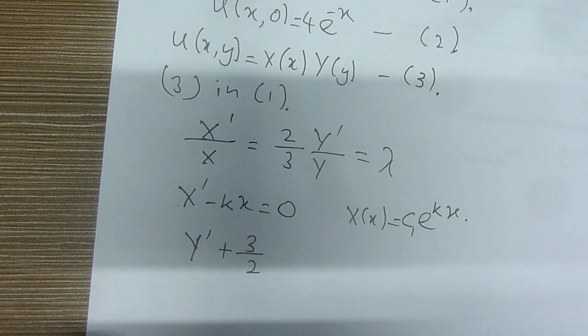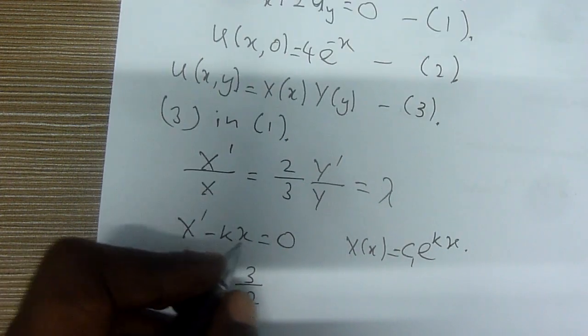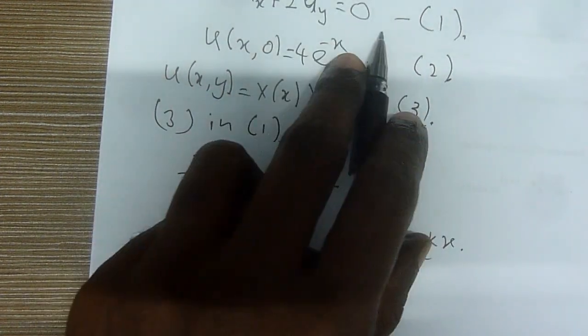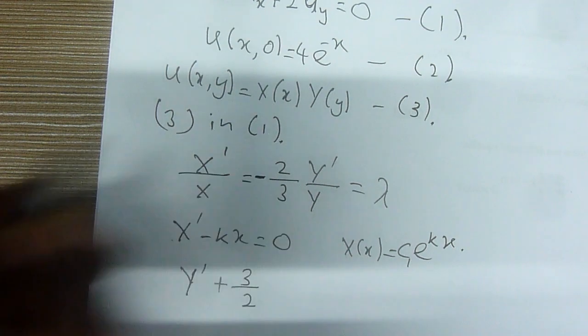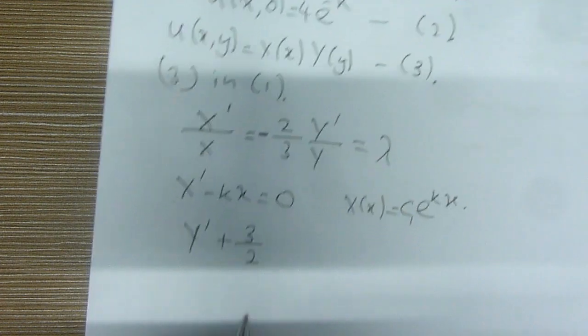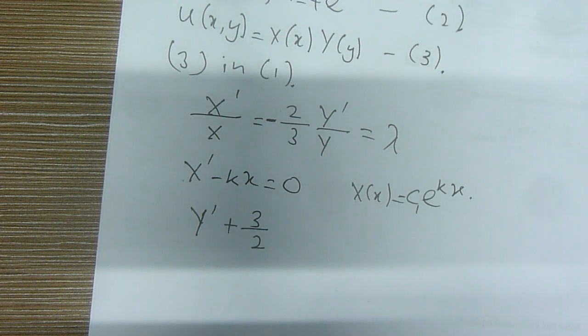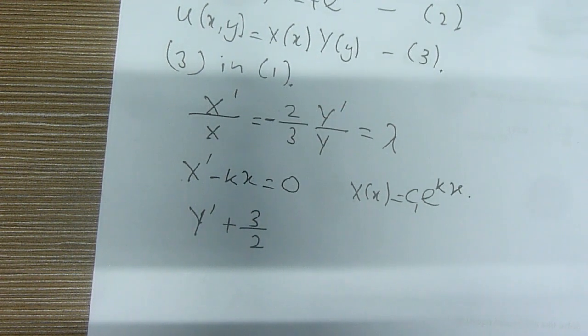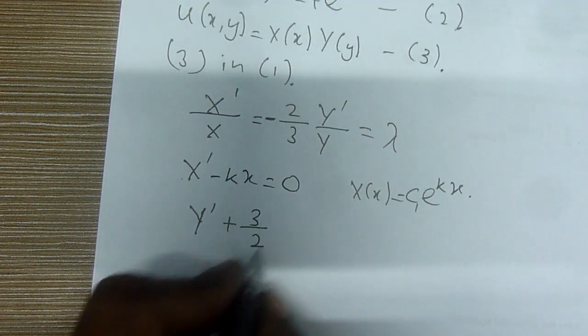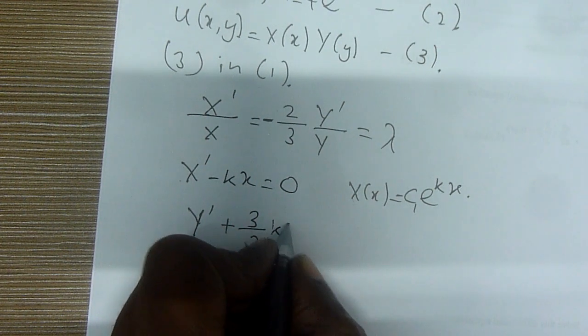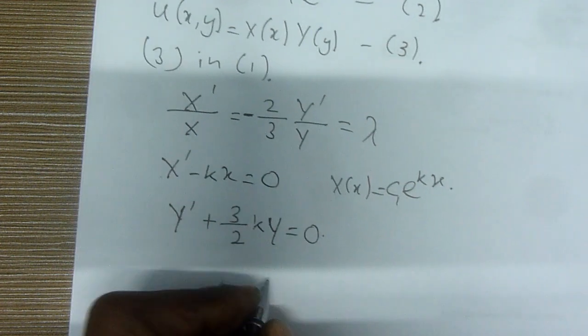Did I make a mistake? Yes, I think I made a mistake here. A negative must exist here. Those who are really doing the question, wherever I make a mistake, they can immediately point it out to me.